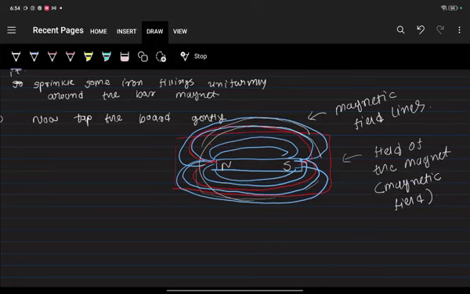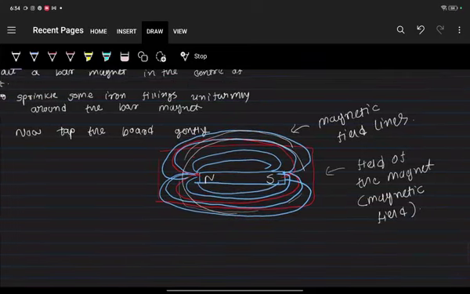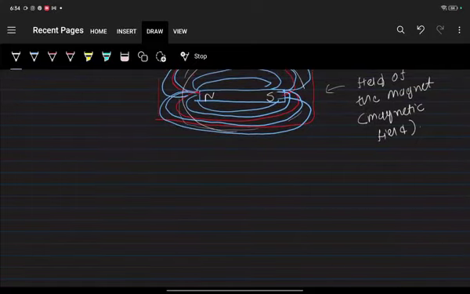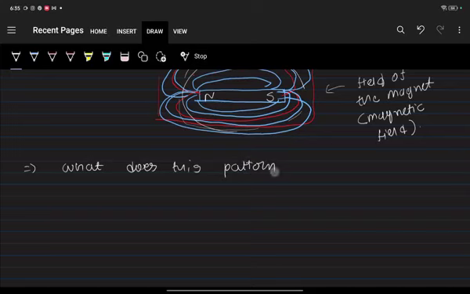Are you getting my point? So what happens? The iron filings arrange themselves in a pattern, as you can see in this figure. So what does this pattern demonstrate? That is the question. The magnet exerts its influence in the region surrounding it.